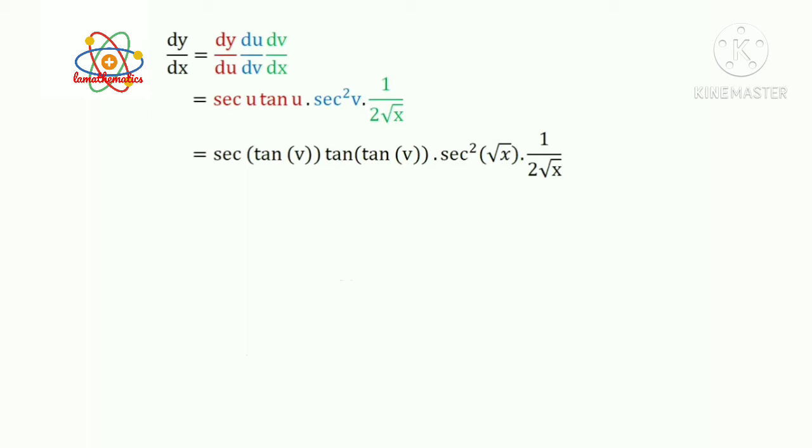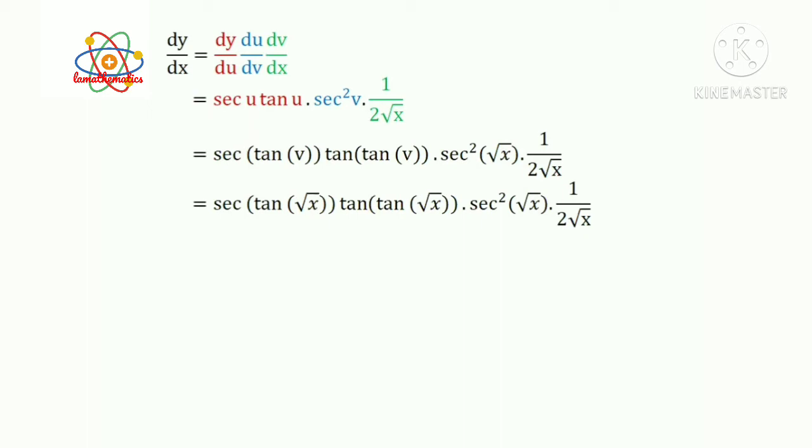We change the value of u as tan v and v as root x, equal to sec tan root x, tan root x, sec square root x into 1 by 2 root x.